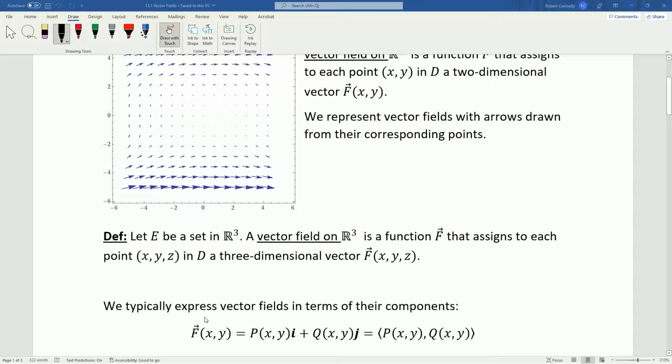So typically, we express vector fields in terms of their components. That is the vector field f of x, y equals p of x, y i plus q of x, y j. Or we can write this in our angle bracket notation, so this is the vector p of x, y, q of x, y.